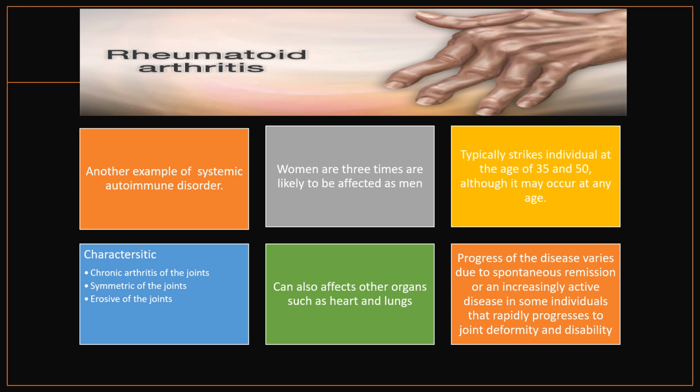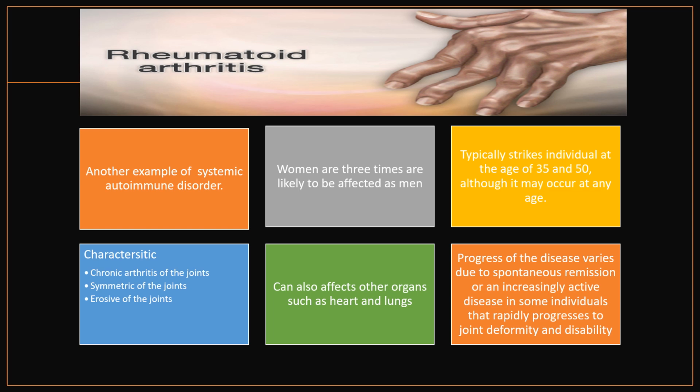Rheumatoid arthritis can be characterized as chronic, symmetric, and erosive arthritis of the peripheral joints that can also affect multiple organs such as the heart and the lungs. In addition to a declined functional ability, there is a reduced life expectancy as well. The progress of the disease varies because there may be spontaneous remission, or an increasingly active disease in some individuals that rapidly progresses to joint deformity and disability.